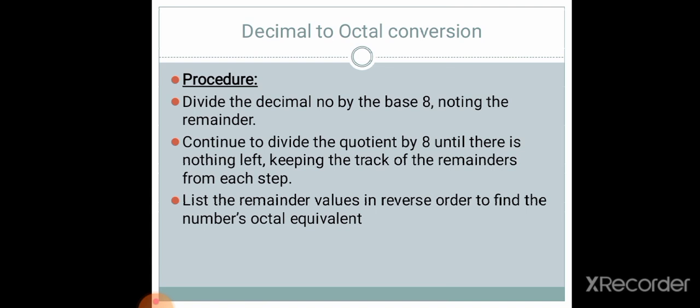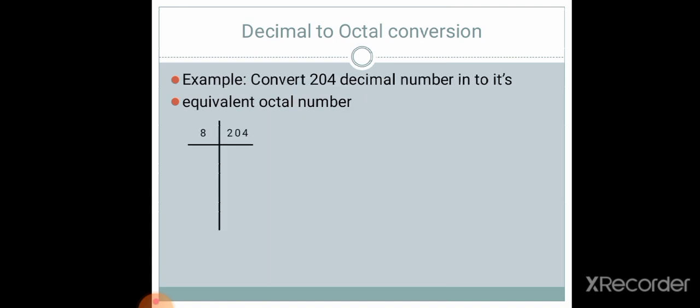Now let us see how to do the conversion. We have taken the decimal number 204 to the base 10, and we have to convert that number into the equivalent octal number. So we have taken 8 for division. 8 is our divisor, 204 is our dividend.